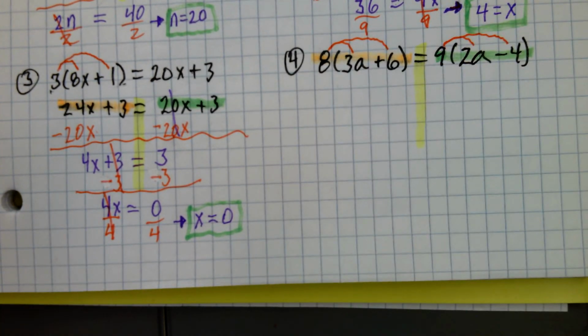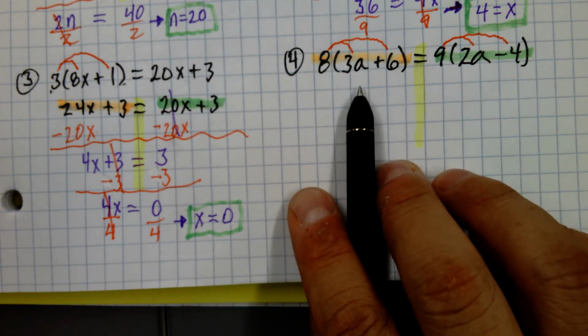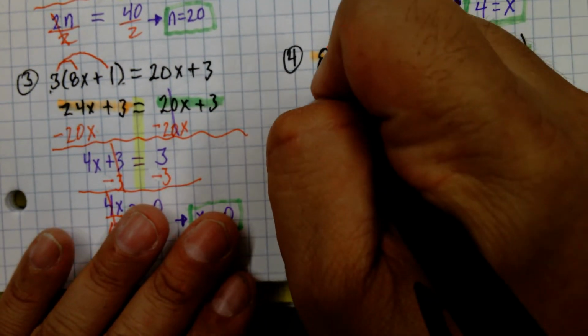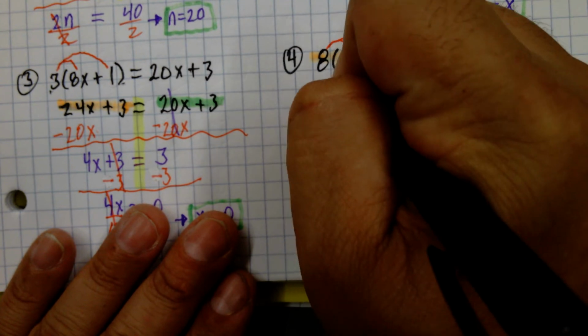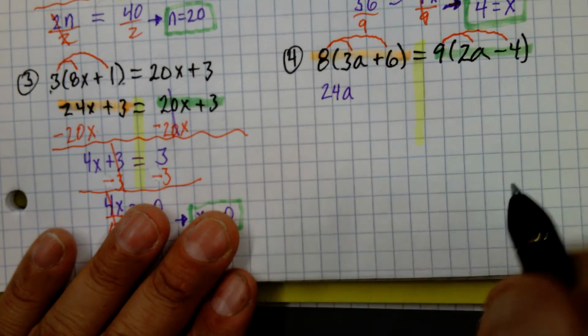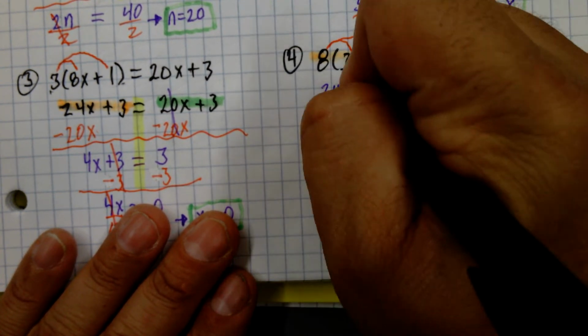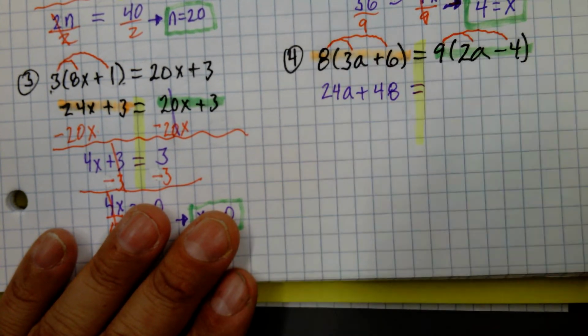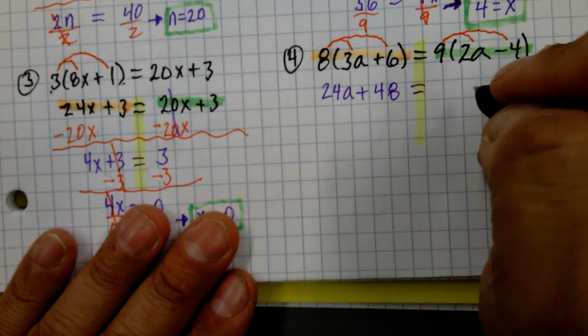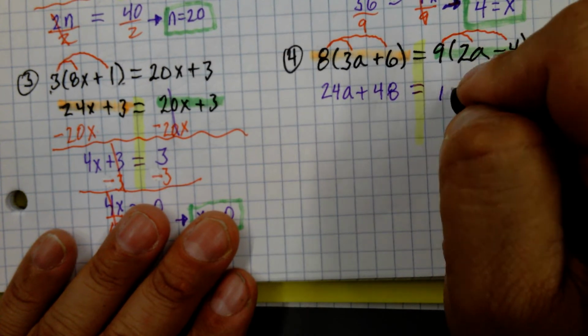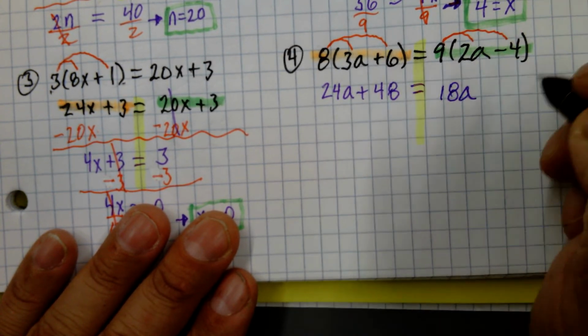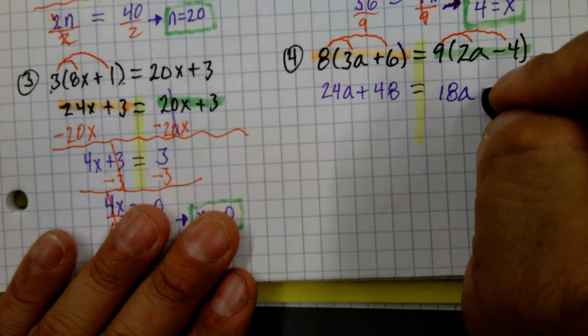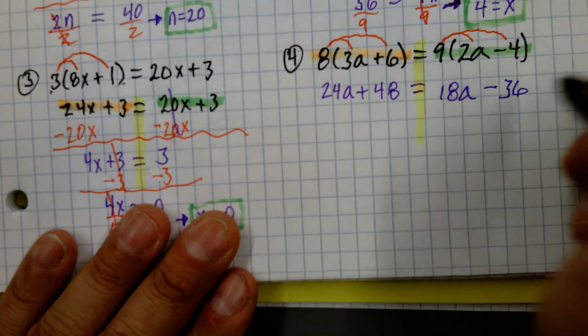Okay, so 8 times 3a, 8 times 6, that's 48, equal sign. Then we have 9 times 2a, 18a, 9 times minus 4, minus 36.